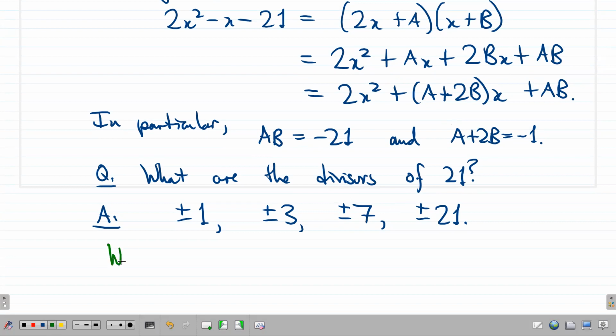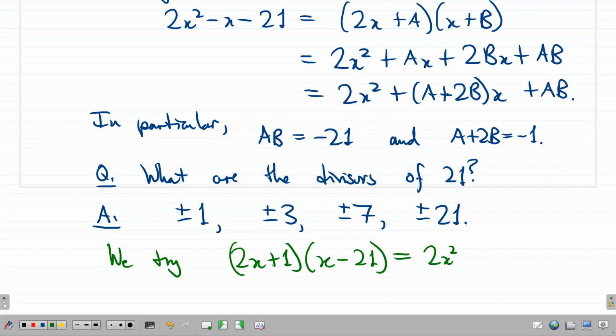So let's start with the first one. If A is equal to plus 1, we're going to get (2x + 1)(x + B). Well, if A is equal to plus 1, B has to be minus 21. So that could certainly occur as a left-hand side. Let's work it out. That's 2x squared minus 41x minus 21.